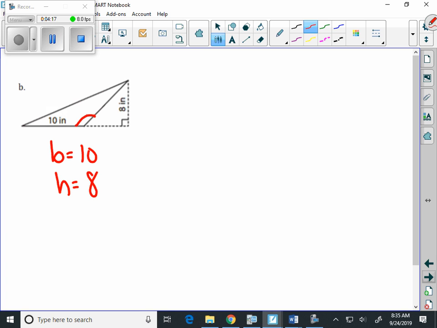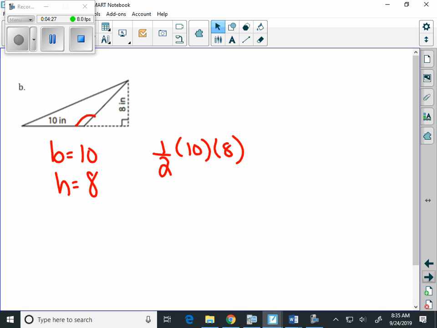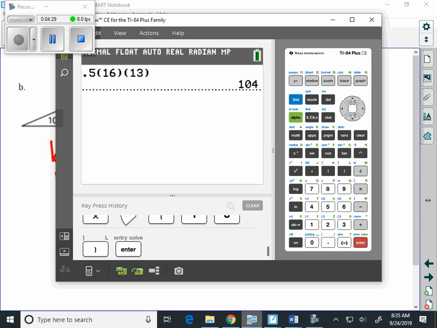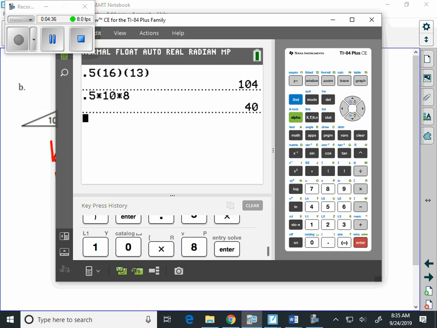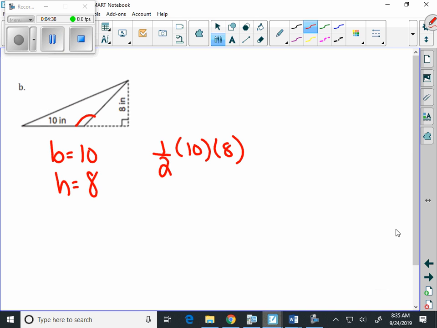And then we can fill in the formula. It's 1/2 times 10 times 8. And if we type that into our calculator, again, I use 0.5 when I type it in just to be a little bit quicker, but 0.5 times 10 times 8 gives us 40. So our area is 40.